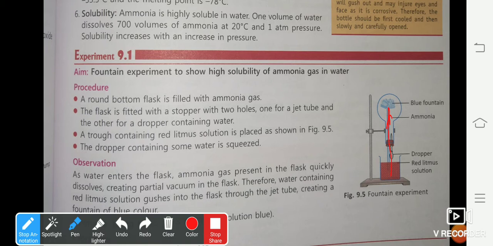This indicates two things. First thing is ammonia is basic in nature because the red litmus solution turns blue. Second thing is ammonia is highly soluble in water because you just dropped in 2 or 3 drops of water and the gas dissolved in water, due to which the pressure decreased.